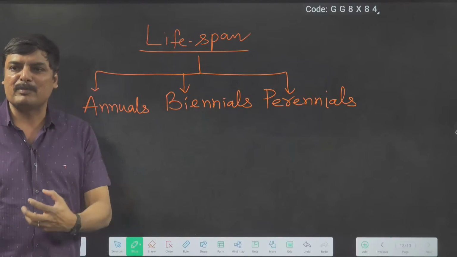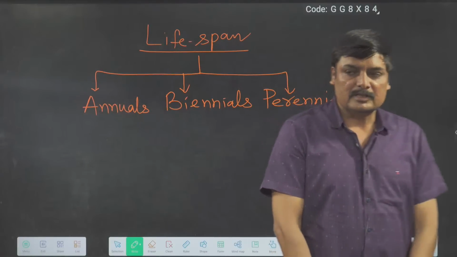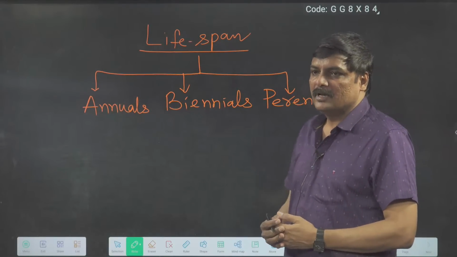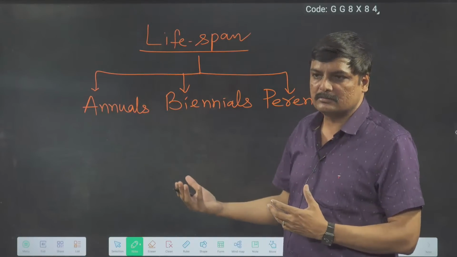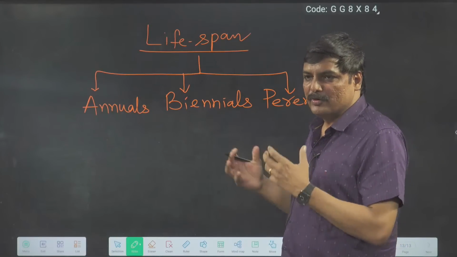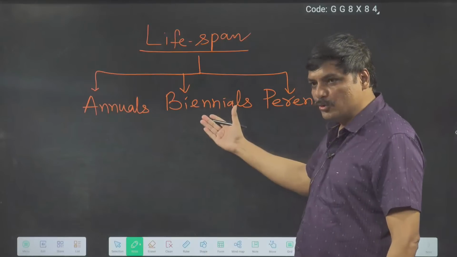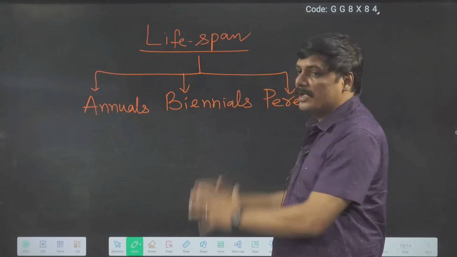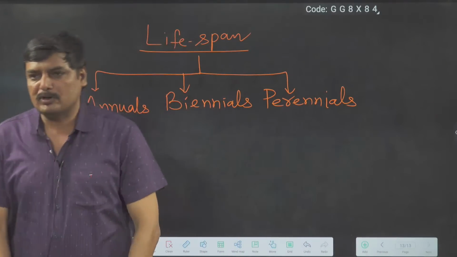And perennials, the plants which complete their life cycle from few years to several hundred years, are called perennials. Simply you can say lifespan is less than 1 year, here 2 years, here many years. That is lifespan. So we're talking about diversity of angiosperms.